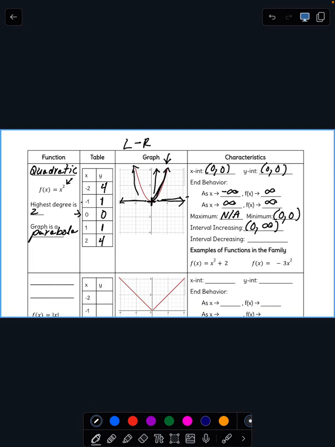But here, from left to right, my y's are going down. So from negative infinity to 0, I'm having a decreasing interval. And then here are some more examples of functions in the family.